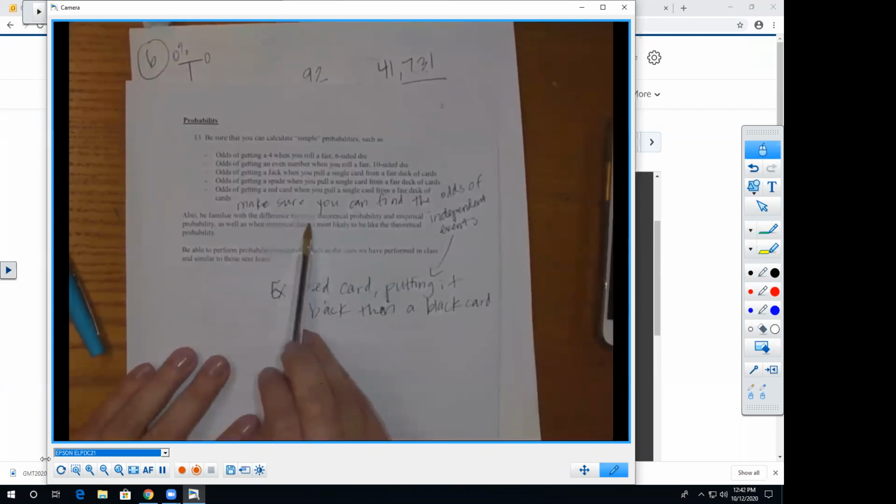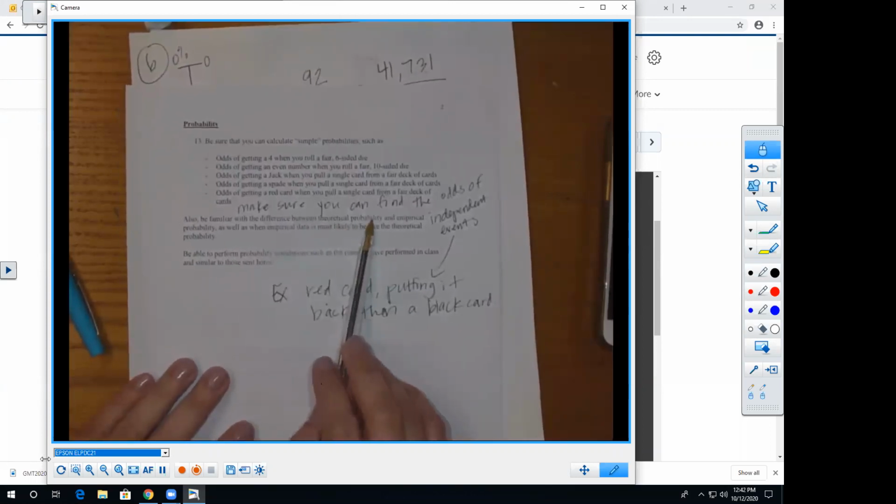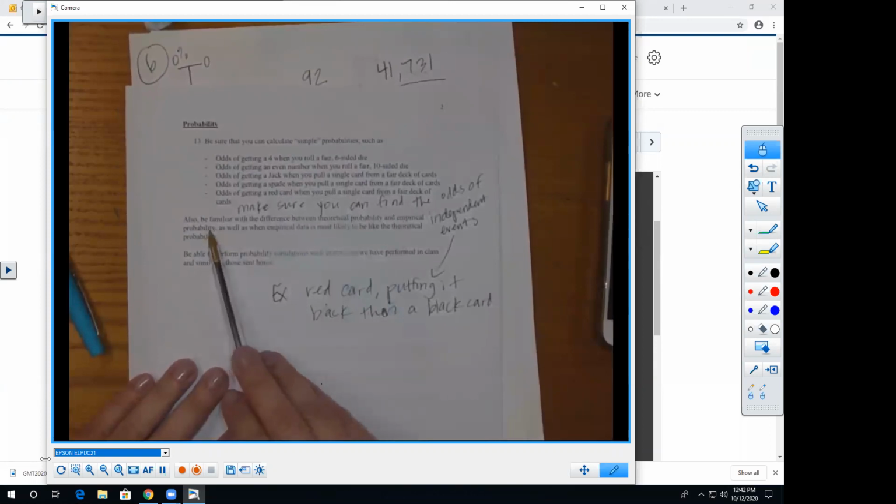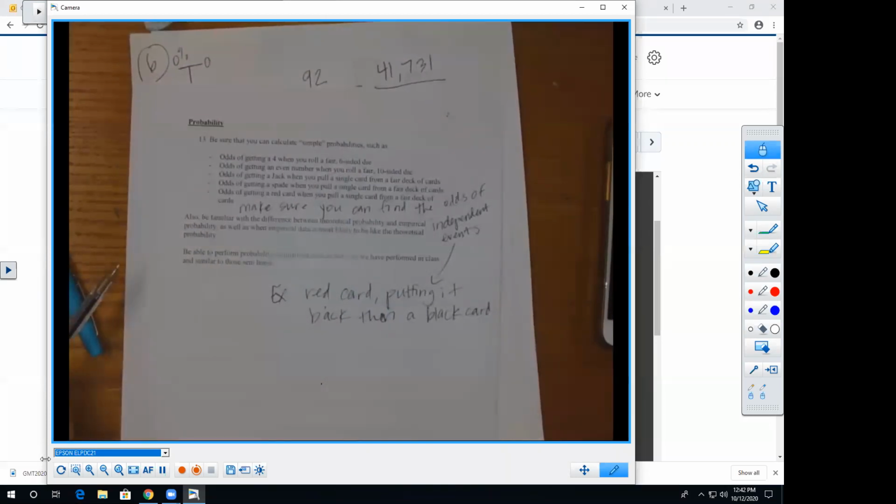And here is the difference between theoretical probability and empirical probability. Remember, theoretical is, in theory, what's the probability? So when you flip a coin, it's 50% every time, in theory, if you don't actually flip the coin. Or drawing the ace of diamonds. There's only one of those cards in the deck, so it's 1 out of 52, whatever that percentage would be.